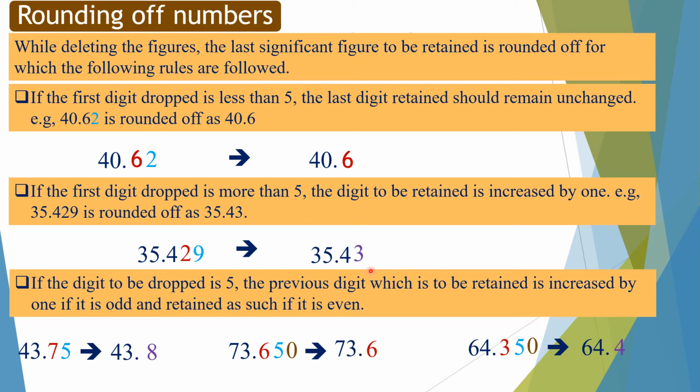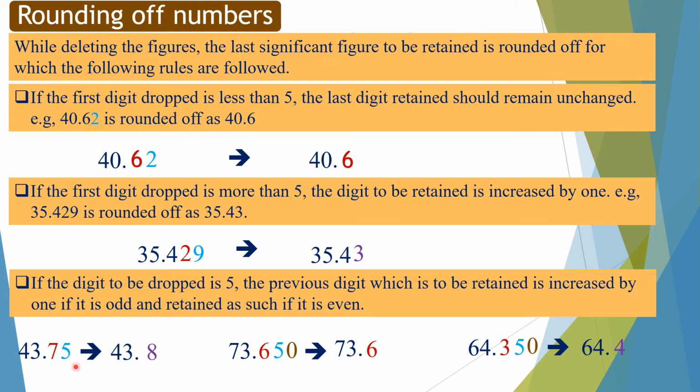If the digit to be dropped is 5, the previous digit which is to be retained is increased by 1 if it is odd and retained as such if it is even. 43.75 is rounded off as 43.8 because in 43.75 the dropping digit is 5 and the retained digit is an odd number.